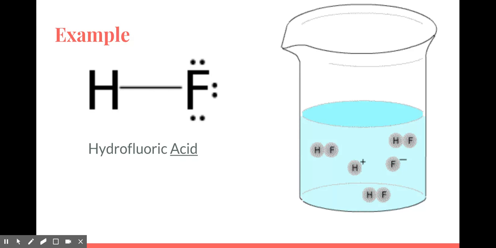Then you have to think, okay, what do I have left over in this substance? Because law of conservation of matter tells us that if your hydrogen is giving up an electron, then whatever atom you have left over has to be picking up that electron. So if we do this with hydrofluoric acid right now, you notice that in our diagram, hydrofluoric acid, when they're connected, looks like this. But when it ionizes in water, it's going to split apart.